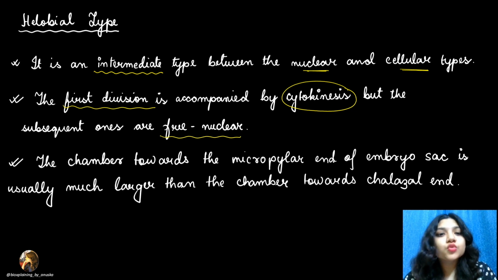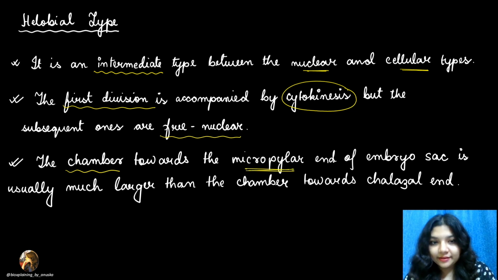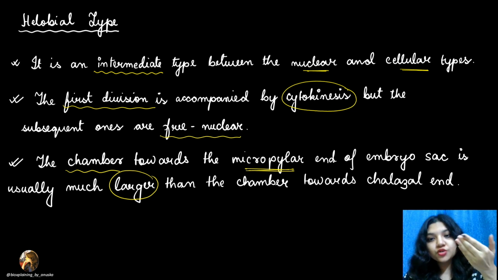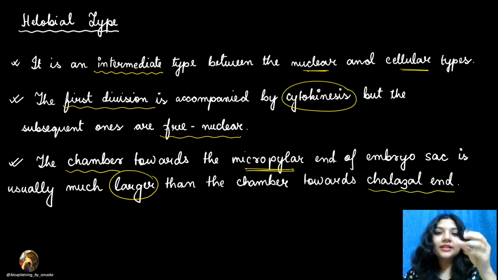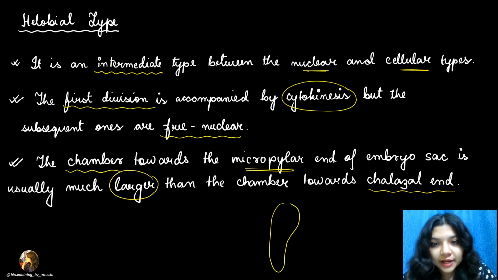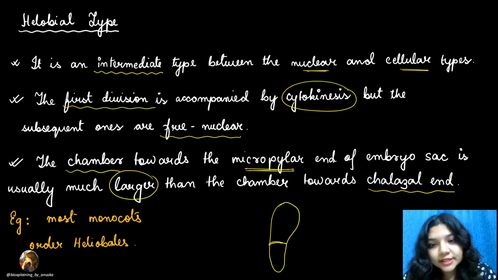That means multiple nuclei are present in the common cytoplasm. Right? So the chamber which is there towards the micropylar end is usually large, and the chamber towards the chalazal end is kind of small. So if I just have to give you a rough diagram regarding this, first you will have divisions like this, and then there will be these multiple cells.